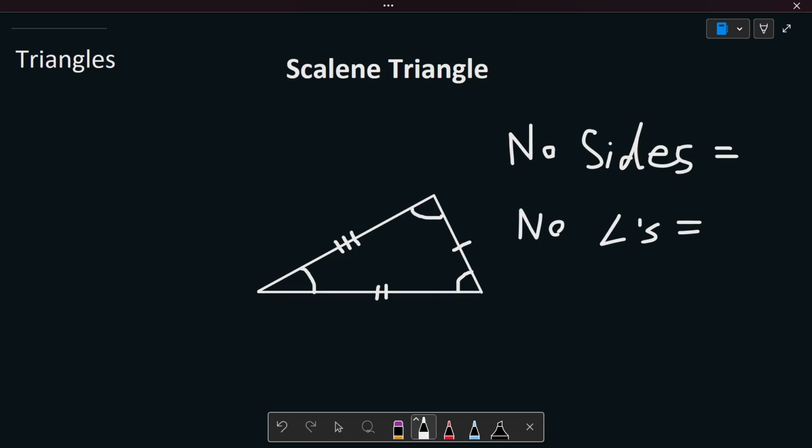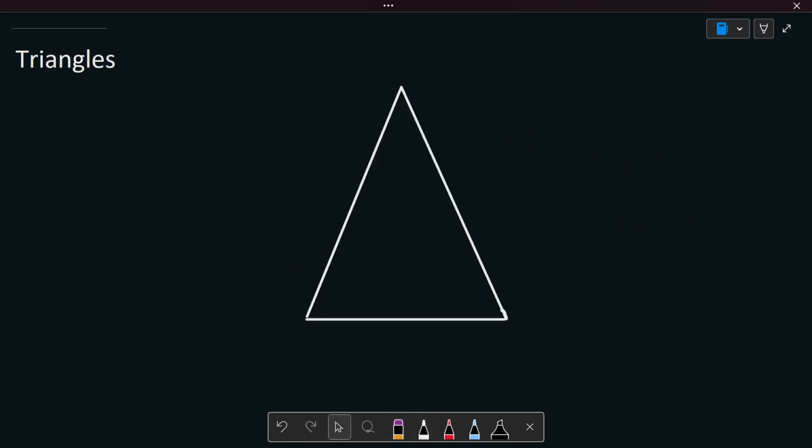Okay, the last thing that I want to go through right now, and this is actually the most important property to know about every single triangle. Every single triangle will have the same property, no matter whether it's a scalene triangle, isosceles, or equilateral triangle.